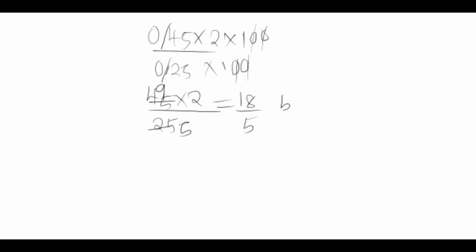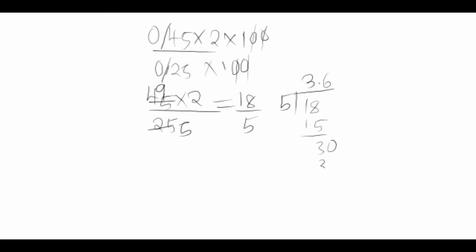So 18 divided by 5. We have 15, we remain with 3, then for us to add a 0 here, we have 30, divided by 5 is 6.